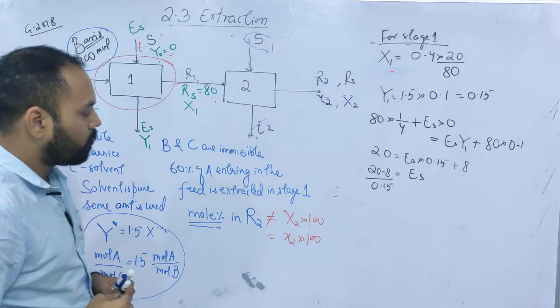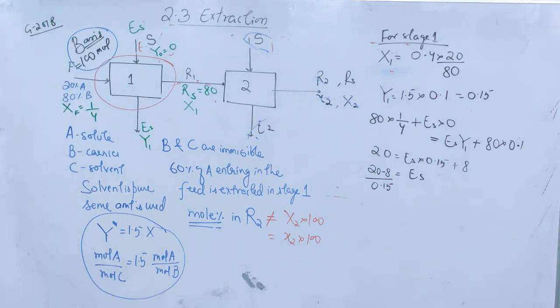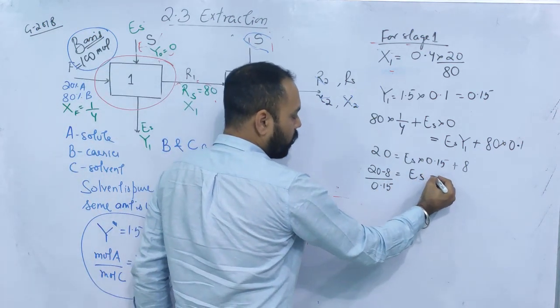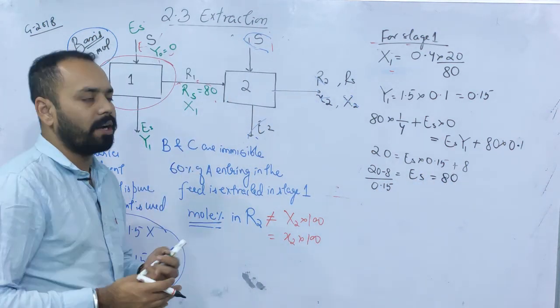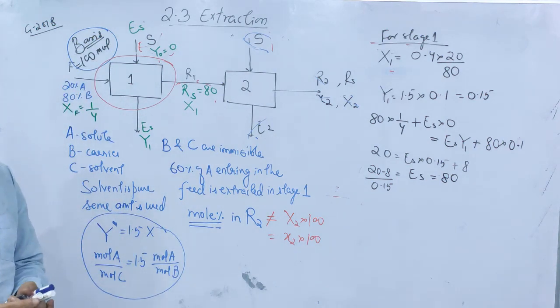Fine. This gives you ES is equal to 80. So the same ES will be used in the second extractor, second stage as well.